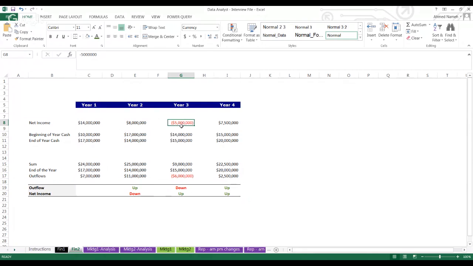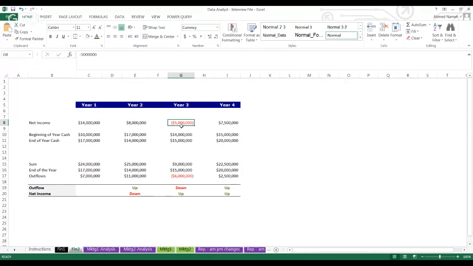Someone looking at this may ask, how is it that the company saw cash inflows for the first time, and yet net income decreased significantly? Well, this has to do with the fact that the way net income and cash are calculated is different.